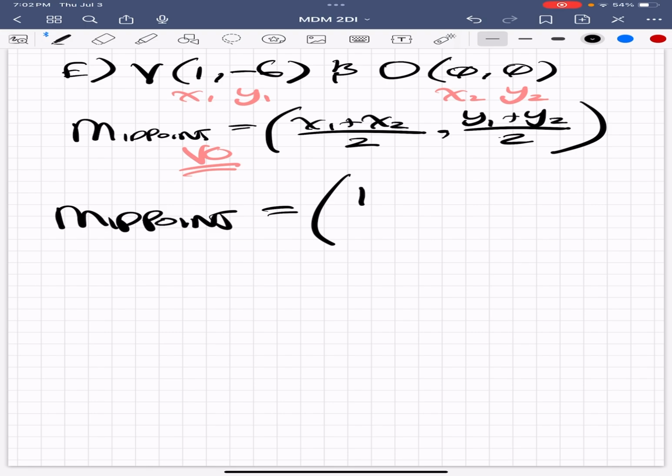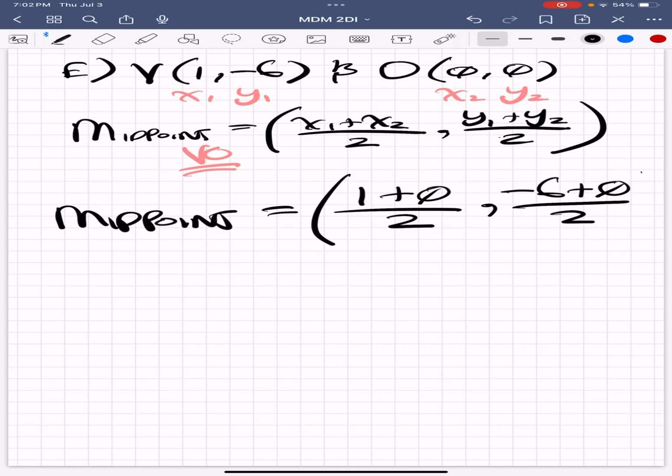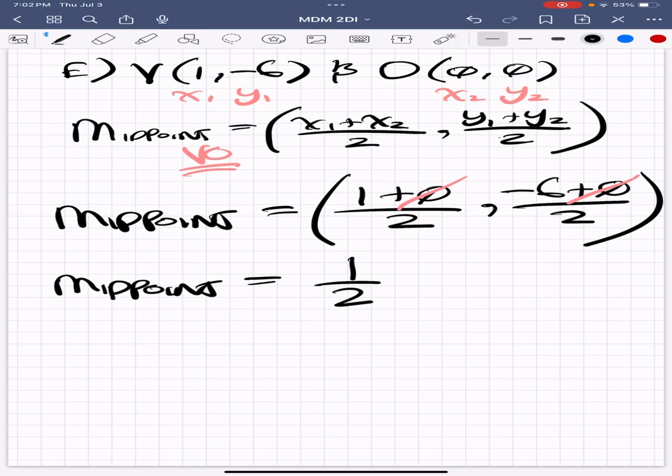So we have 1 plus 0/2. And then we have -6 plus 0/2. And we are going to get rid of those zeros. And then we have 1/2, comma, -6/2.